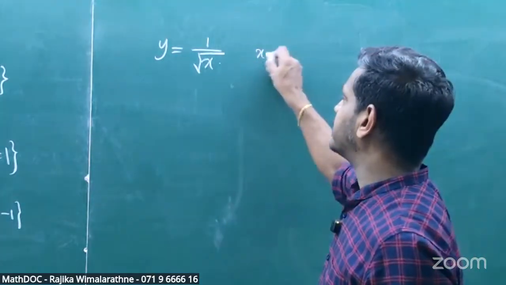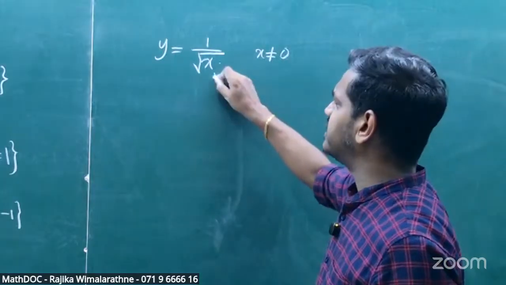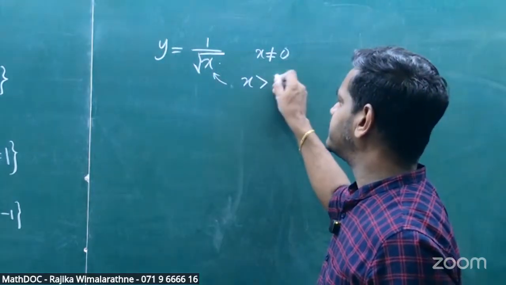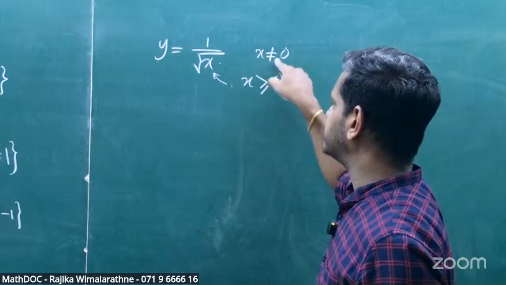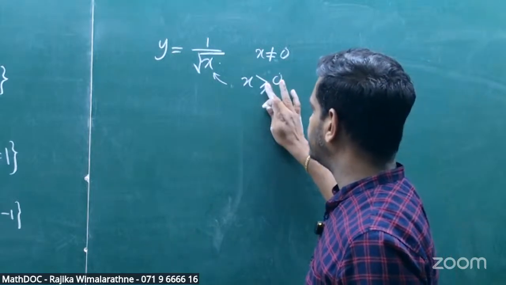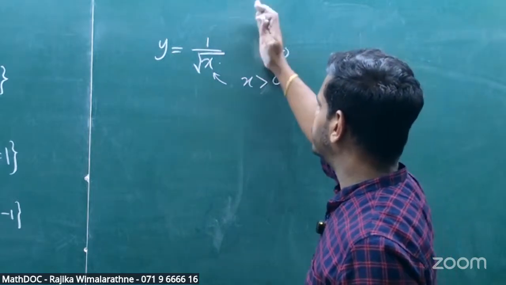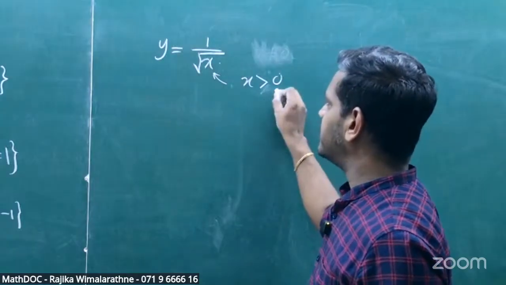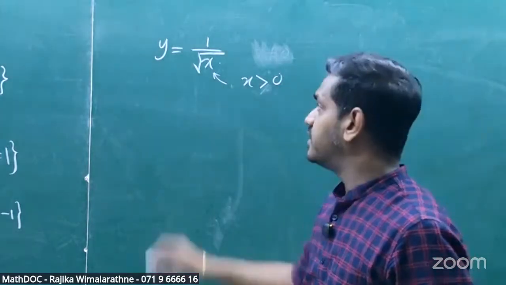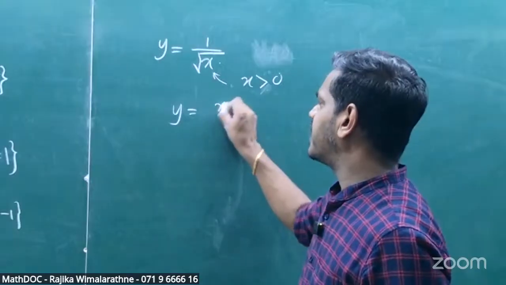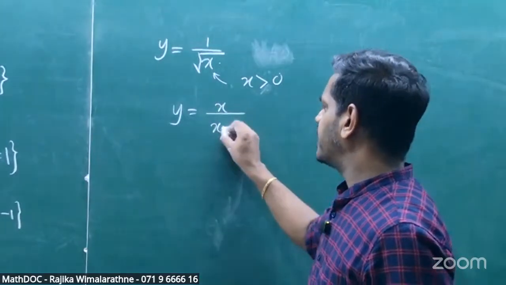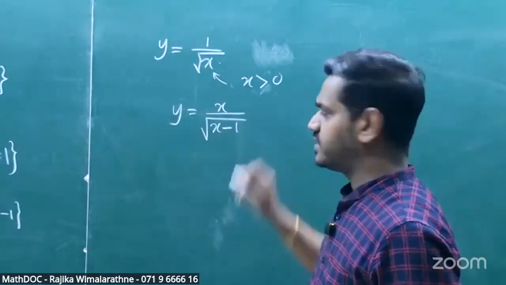Then here x not equal 0. Here within the root the value must be positive or 0. But when you consider both together, you just write x greater than 0 only. Here the domain now.